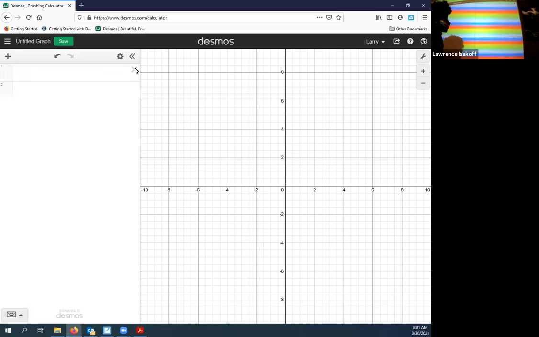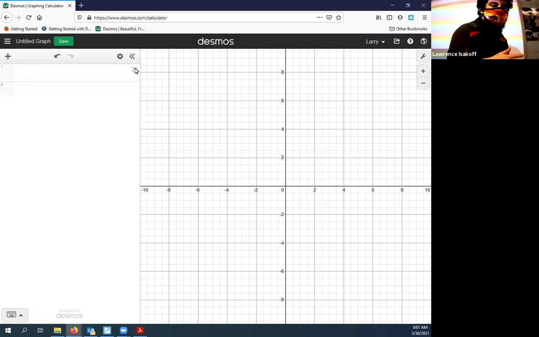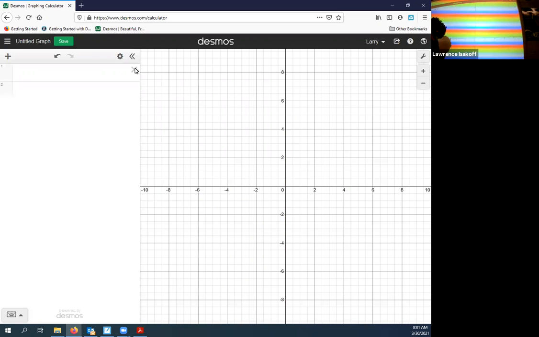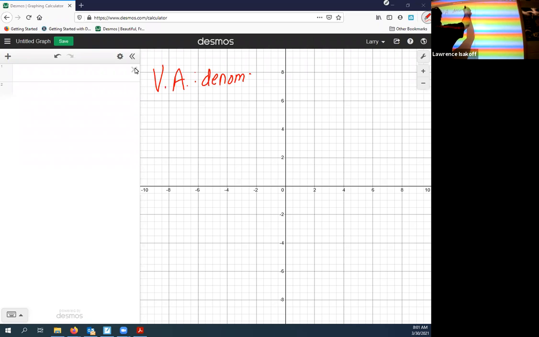So we have two types. We have a vertical asymptote and we have a horizontal asymptote. So let's start with vertical asymptotes. A vertical asymptote, I'm just going to abbreviate that with VA, happens when you set the denominator equal to 0.